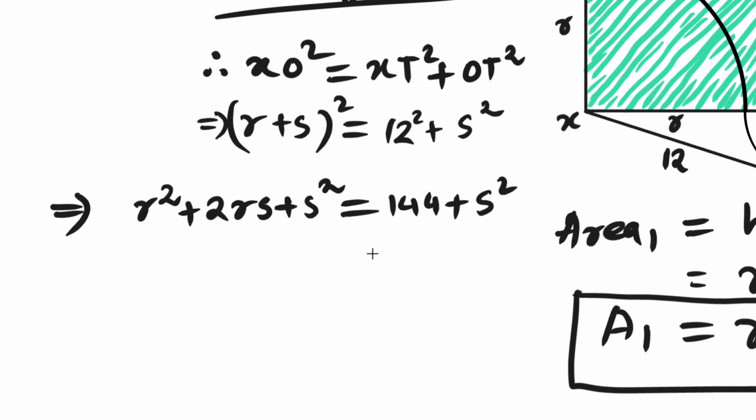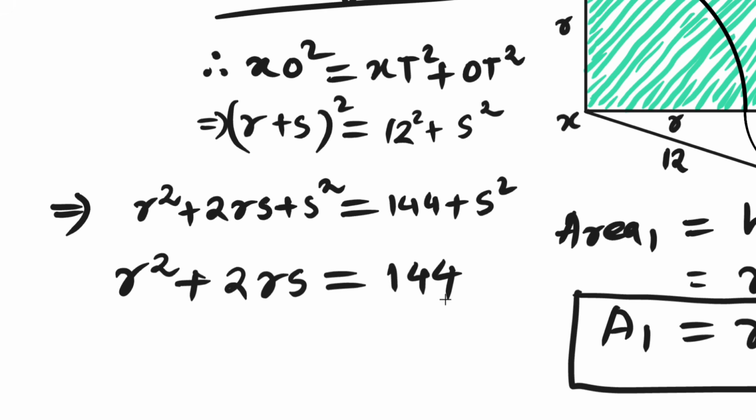Notice what happens here. We have s squared on both sides of the equation. Since the same quantity appears on both sides, we can subtract s squared from both sides and cancel it completely. That leaves us with r squared plus 2rs equals 144.